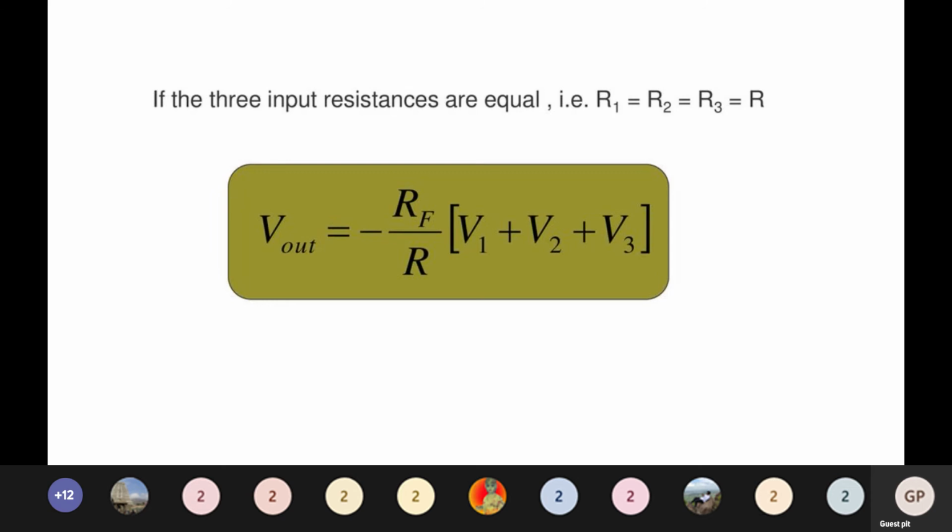See, output is equal to gain times the sum of inputs. And since it is an inverting amplifier, we already saw the gain of an inverting amplifier is minus Rf by R1, that is the input resistance. The same thing, V out is equal to minus Rf by R into, instead of a single input, the sum of inputs. Okay, so this is the output expression for an inverting summer.